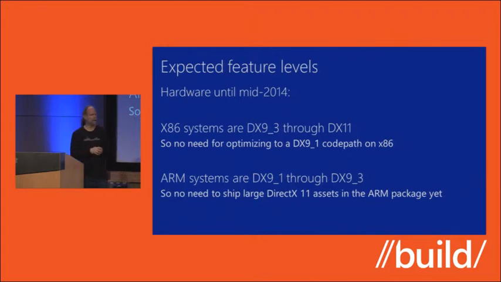But really the key to optimizing for performance and therefore targeting the broadest range of devices and the broadest range of situations that your customers are in, the key to that is optimizing your application for those specific hardware levels.